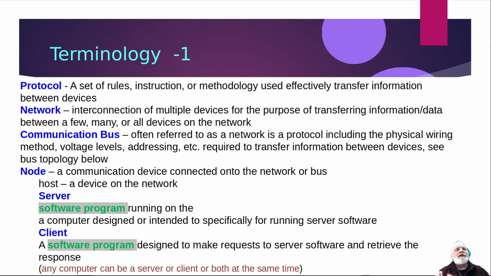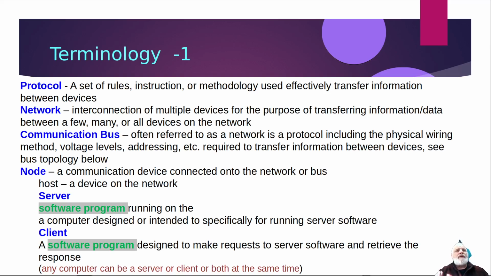A network is an interconnection of multiple devices for the purpose of transferring information or data between maybe just a few, or many, or every device on the network. A communication bus, often referred to as a network, is a protocol that includes the physical wiring methodology, possibly the voltage levels, addressing methods, things like that.